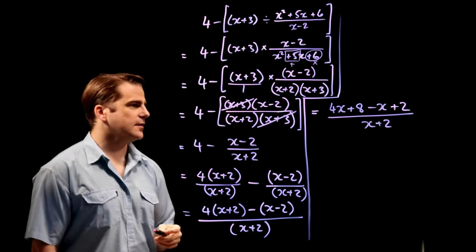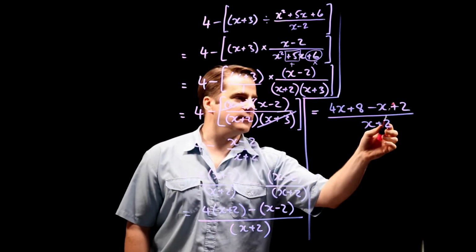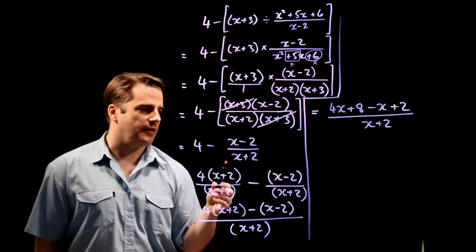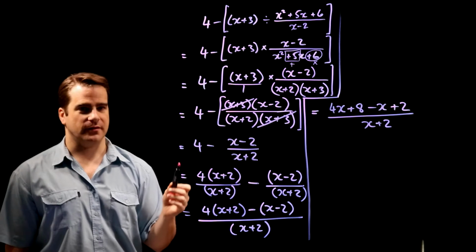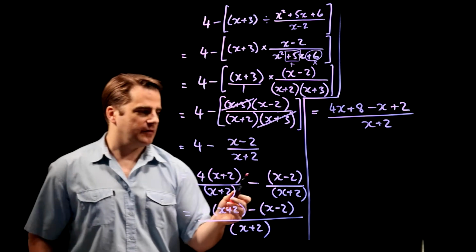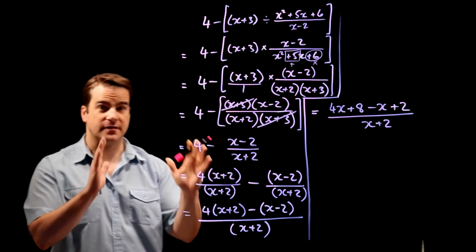But yeah, I know I keep banging on about this, but it's easy to end up with a minus 2 there, not a plus 2. And that's where you're going to lose marks. Because, okay, last time I'll say this, but this happens so often.